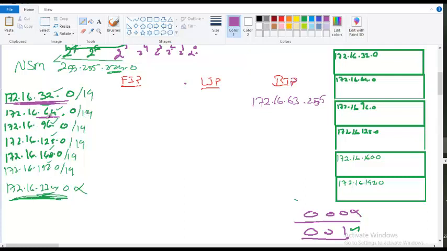See, the second department is 64. If you just add one bit to this, you will get 172.16.64.0, which is this one. How? When you add 1, what will happen? 255 plus 1 is 256. There is no 256. So 1 will be carried here. 63 plus 1, 64.